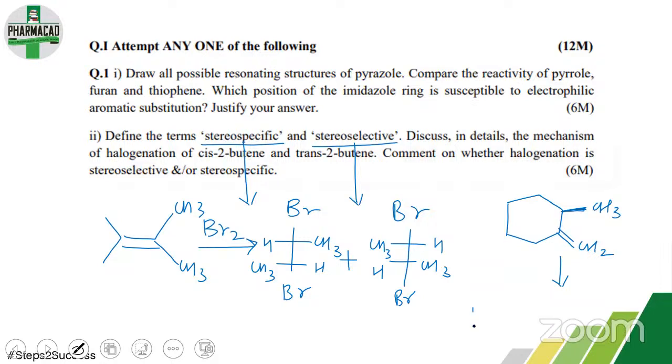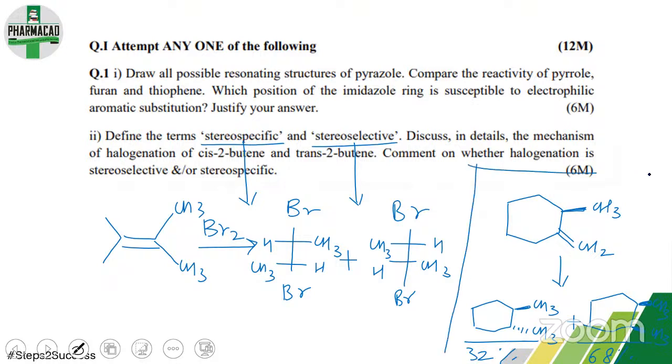After reduction, we will get two compounds, this and this. This will be our major, that is 68%, and this will form in 32%. So this is the example of stereoselective. We will get the selective product, the unequal mixture.